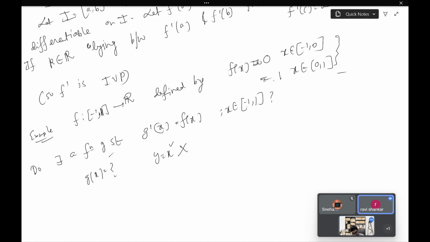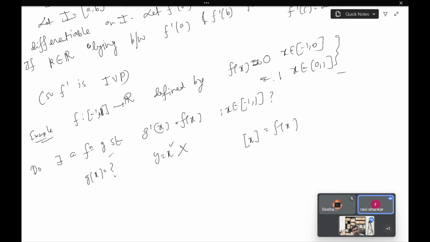Sir, y equals x we can take. No, we need to choose a function which is 0 on one part and a constant function on the other. Sir, a step function we can take. Which function is a step function? The greatest integer function is there, no? Box function, sir. So for minus 1 to 0, this will be 0.